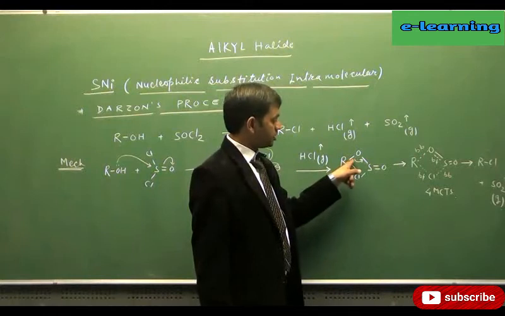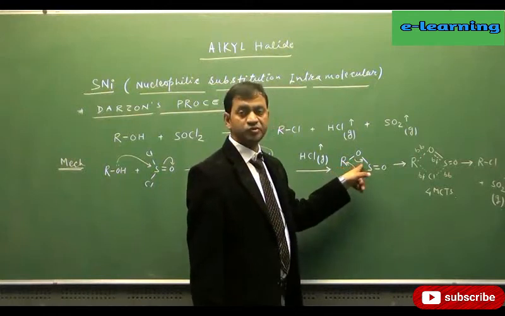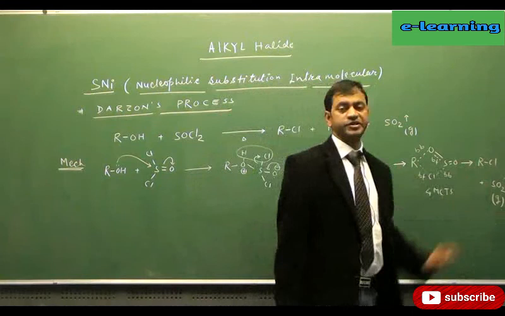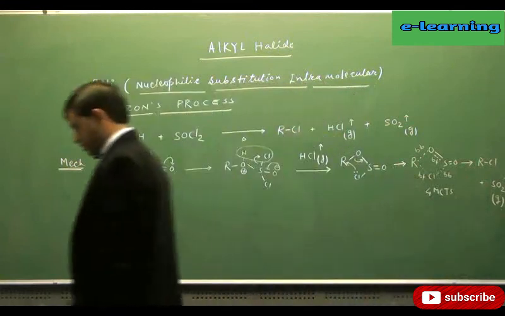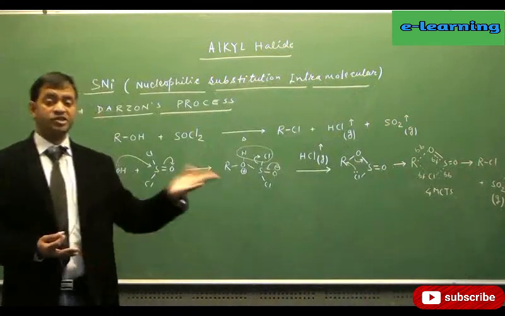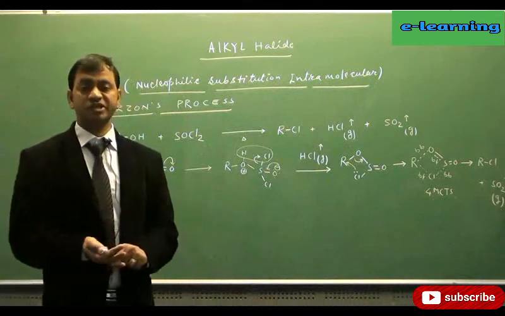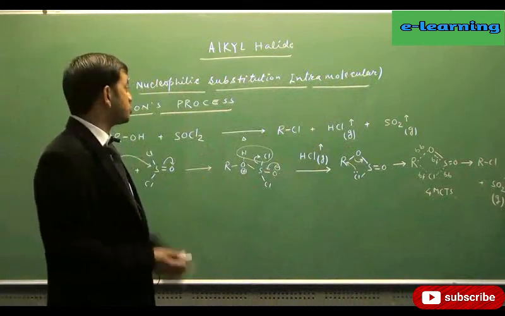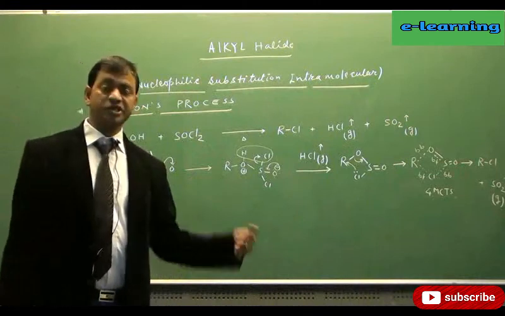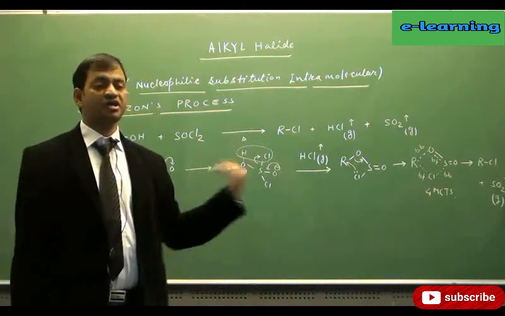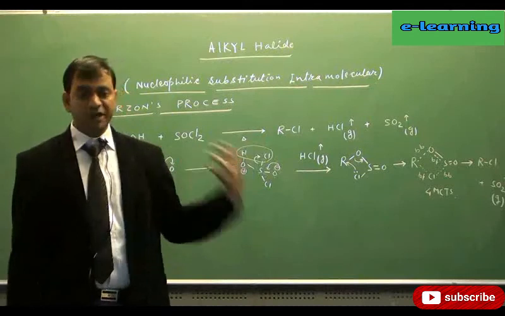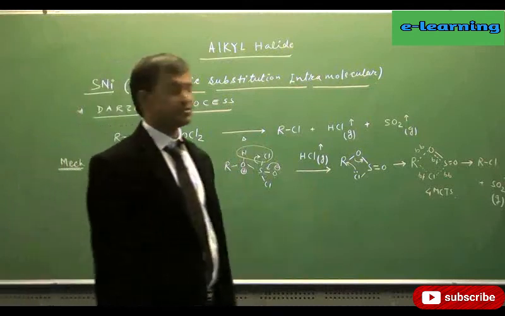Attack takes place and the leaving group leaves, therefore retention of configuration takes place. In SN1, racemization takes place; in SN2, Walden inversion takes place; in SNi, retention of configuration takes place.